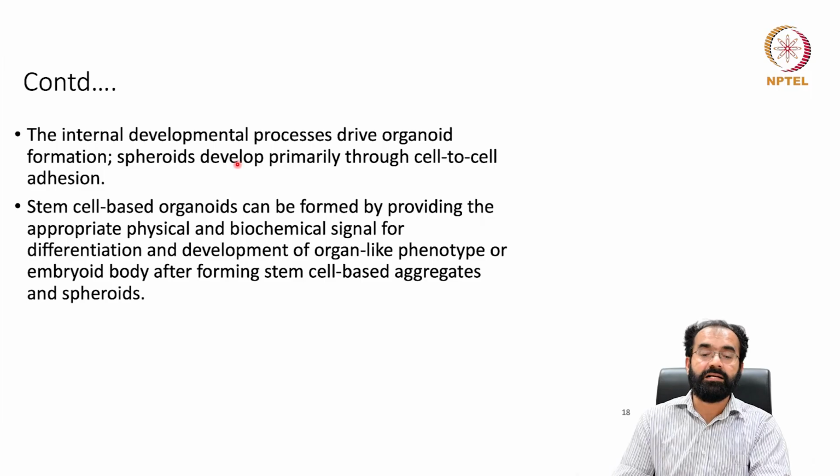So the internal developmental processes drive organoid formation. Spheroids develop primarily through cell-cell adhesion. Stem cell-based organoids can be formed by providing the appropriate physical and biochemical signals for differentiation and development. Although you made the organoid, it has to differentiate also eventually in the host. The organ-like phenotype or the embryoid body forms after stem cell-based aggregates and spheroids.